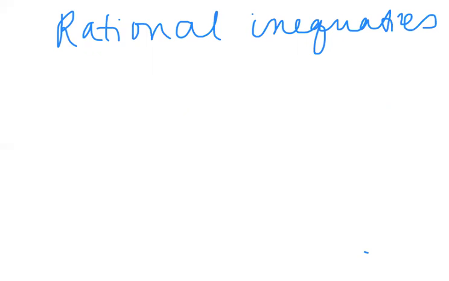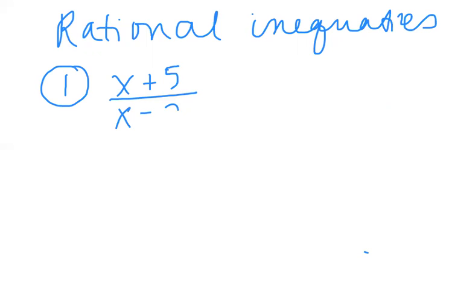So for these problems, when we talk about rational inequalities, we're looking at inequalities containing fractions with variables in the denominator. So here is an example of what I'm talking about. (x + 5)/(x - 2) > 0. All right? So that's the kind of problems you're going to see with the rational inequalities.